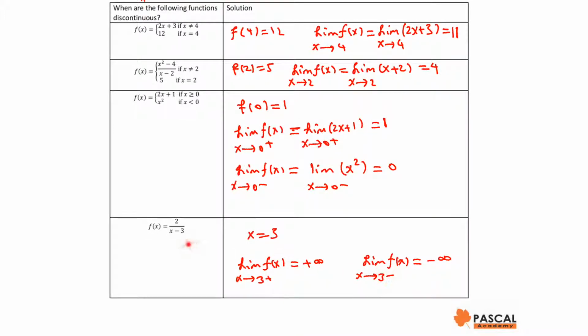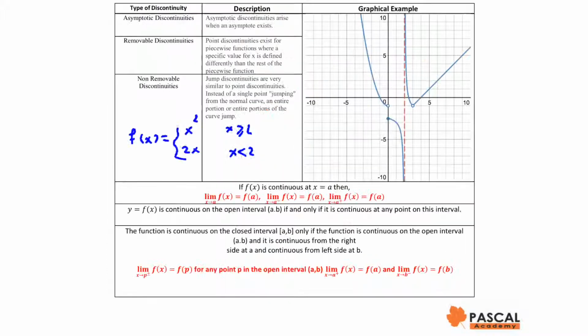When x is smaller than 3, x - 3 is negative, and the limit is negative infinity. So we have an example of discontinuity with a vertical asymptote, a jump discontinuity, and two examples related to removable discontinuity.